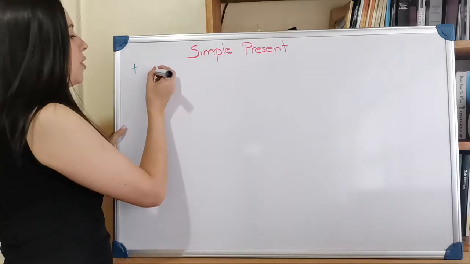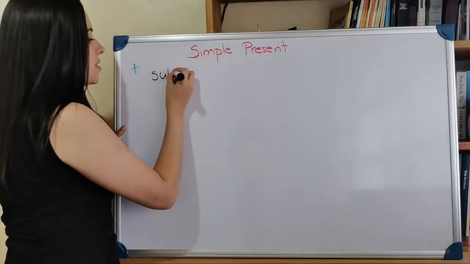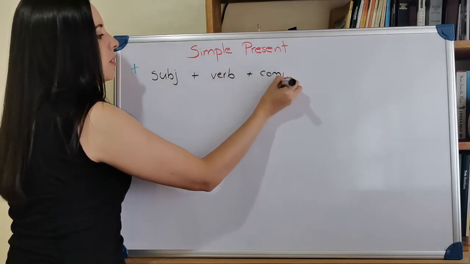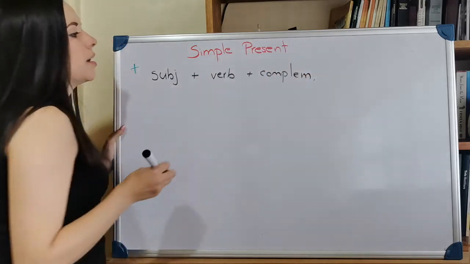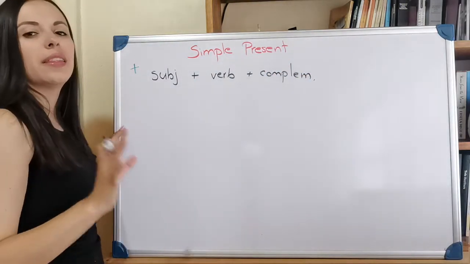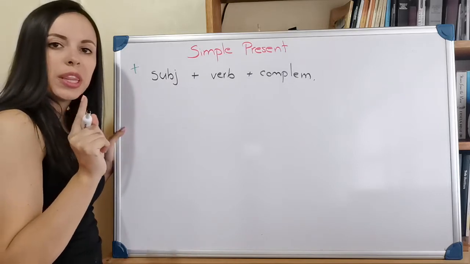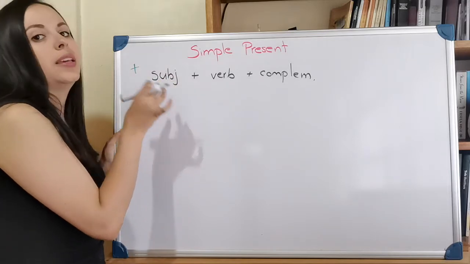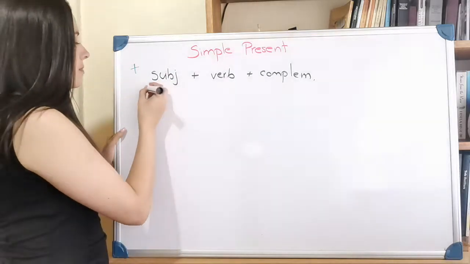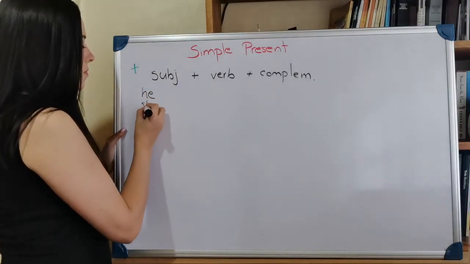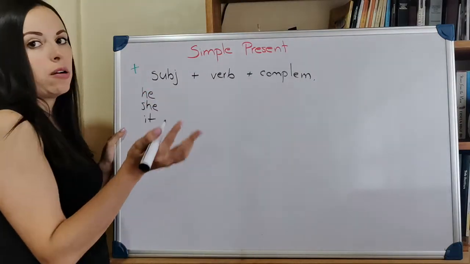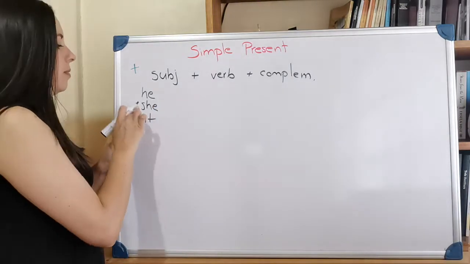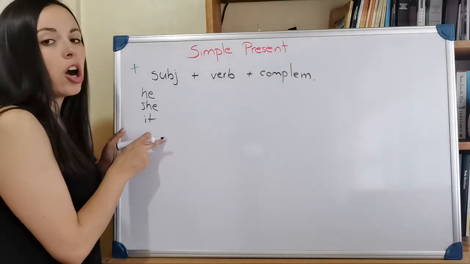Okay, in an affirmative sentence, there's a very specific and very important rule that we need to learn. Okay, remember that a complete sentence has a subject plus a verb plus the complement, right? Now, in simple present is exactly the same. The only rule that you need to pay attention to is that if the subject is he, she, or it, or the noun, remember it can be Juan, it can be, I don't know, Maria, it can be the dog.